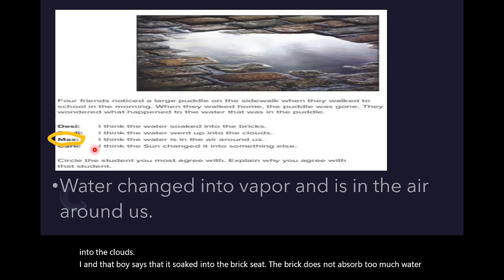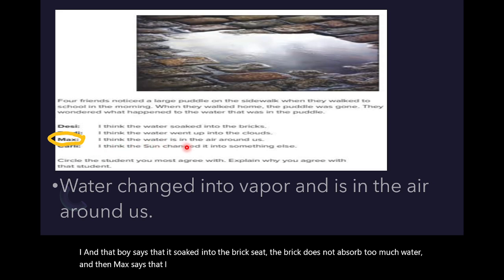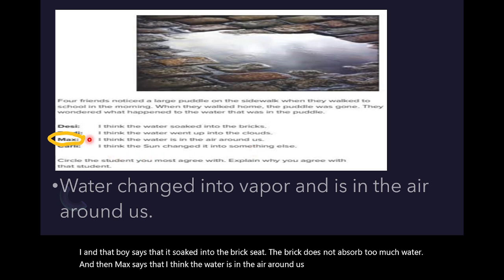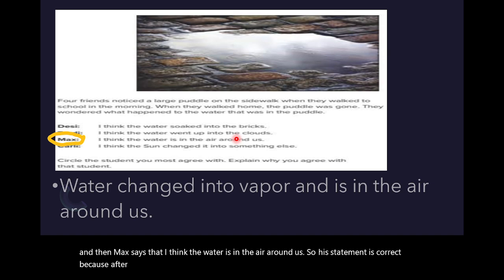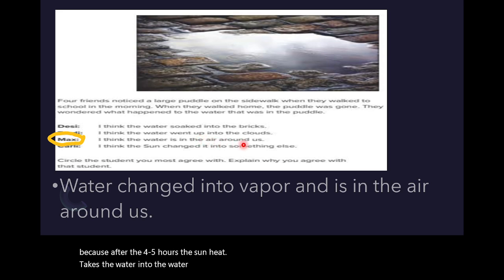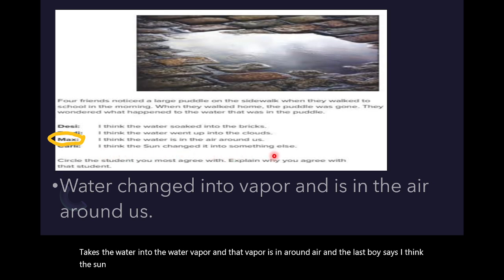And then Max says, I think the water is in the air around us. So his statement is correct, because after four or five hours, the sun's heat turns the water into water vapor, and that vapor is in the air around us. And the last boy says, I think the sun changed it into something else.